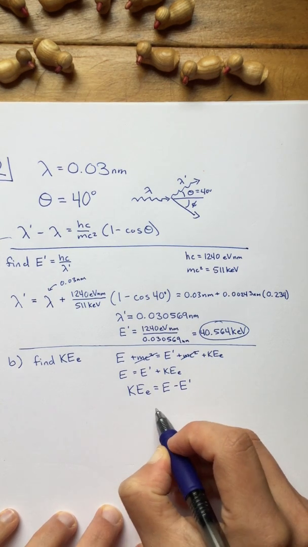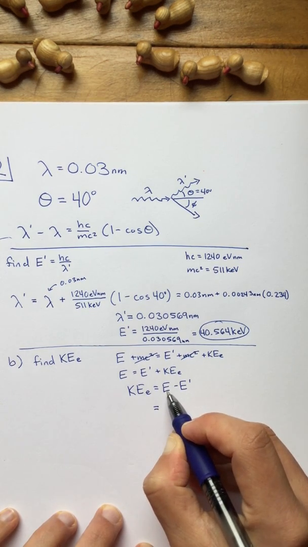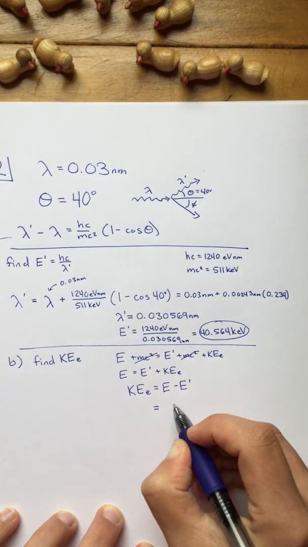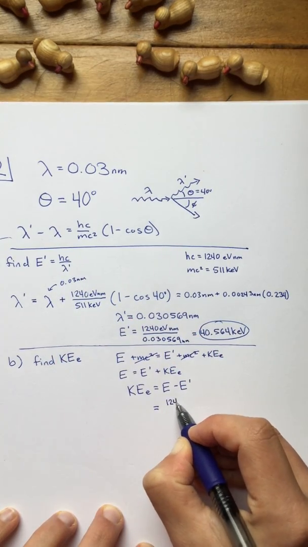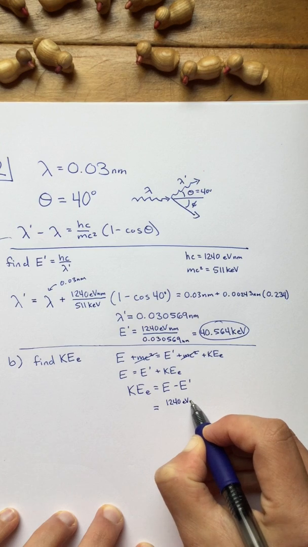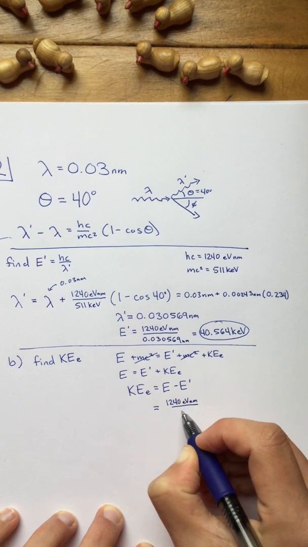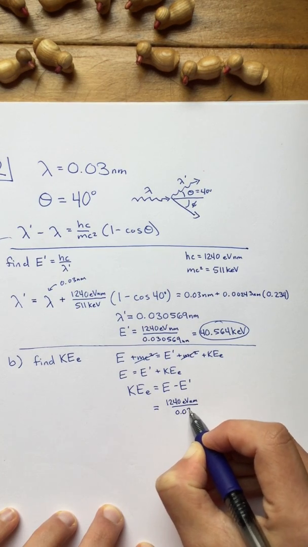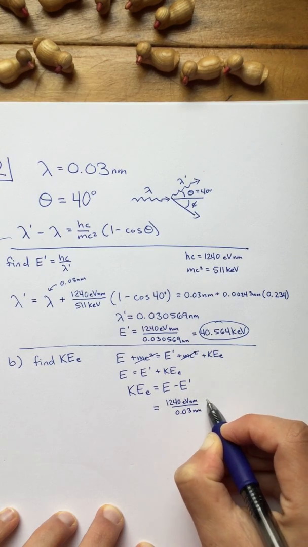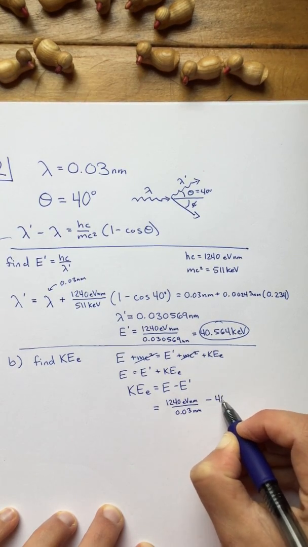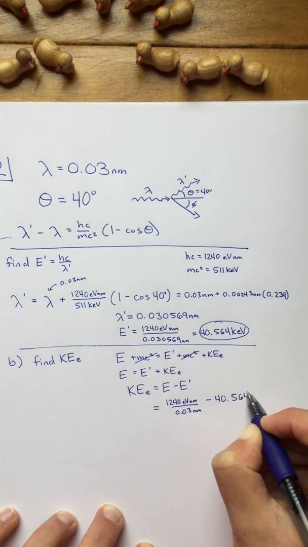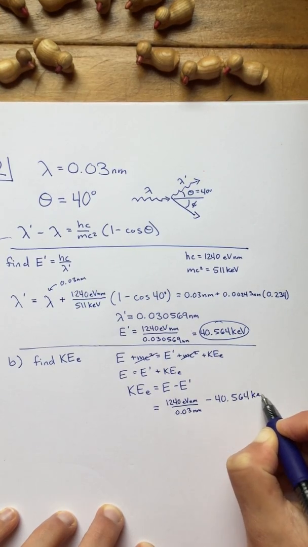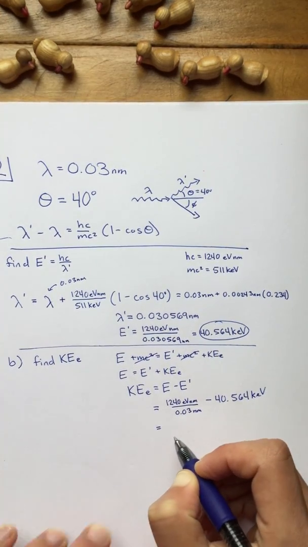So we have E is equal to hc over lambda. So this is 1240 electron volt nanometers divided by 0.03 nanometers, and E prime is just 40.564 kilo electron volts.